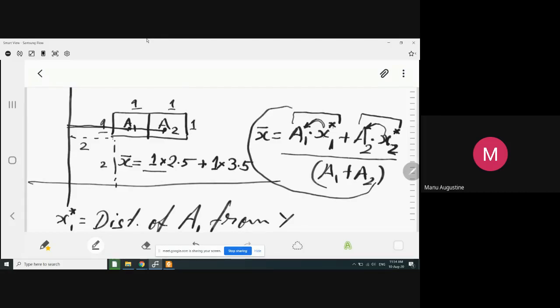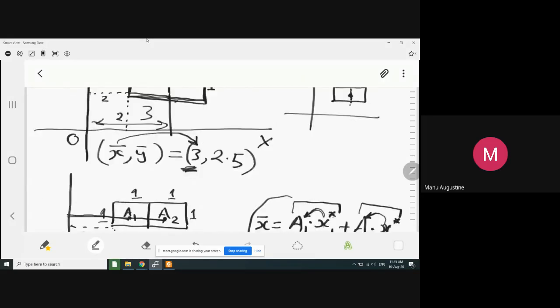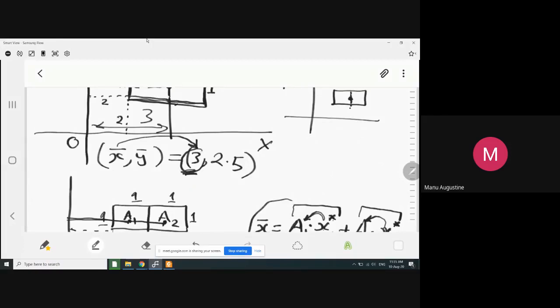Okay, whole divided by the sum of two areas, that is a1 plus a2. What is the value? It is 2. So what is the eventual answer for x bar? It is 3. 2.5 plus 3.5 divided by 2, that is 6 divided by 2 is equal to 3. The same thing that we intuitively obtained.